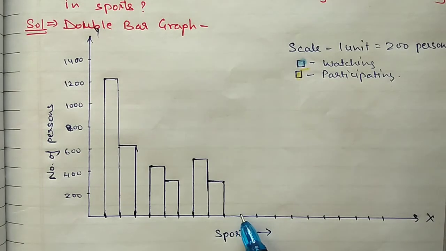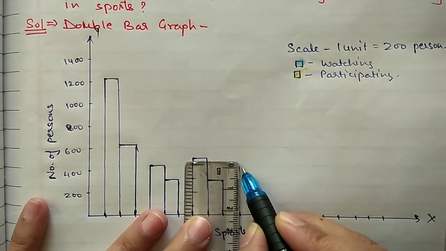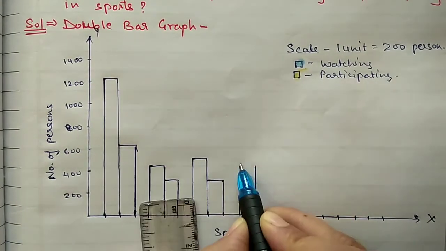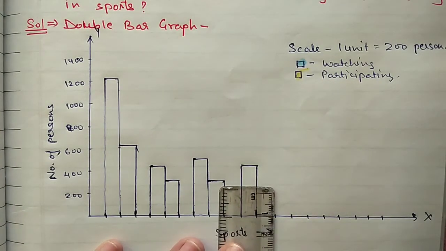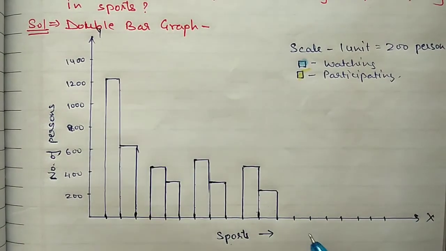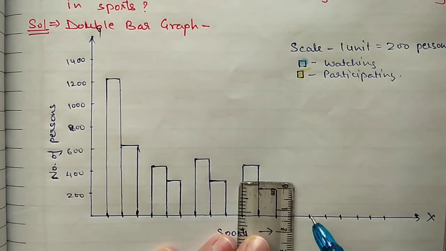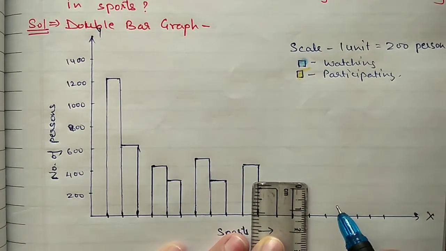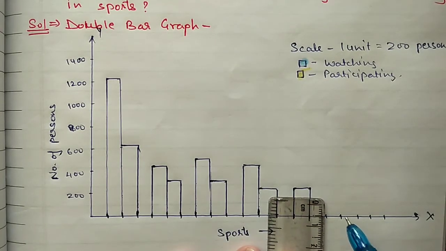Then again leave one block, hockey 430, above 400 it will come. And participating 250, around here it will come. Leave one more space and represent for athletics 250, and 110.